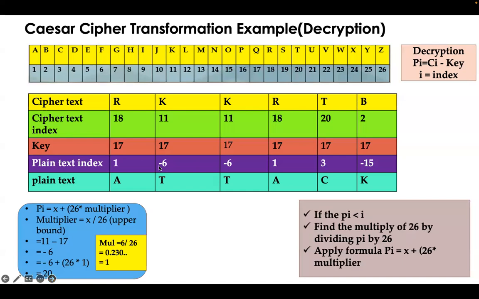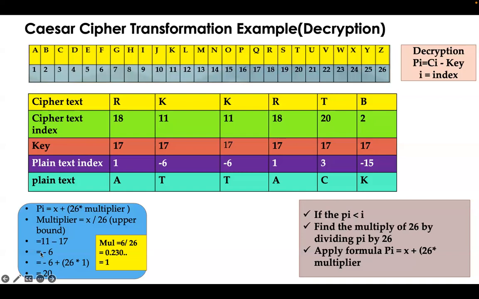For -6, what can we do? We have this formula. In the place of x, we will replace this negative index value. First, we have to find the multiplier of 26 for this -6 index value. From the 11 ciphertext index, we can minus the key 17, which gives -6.